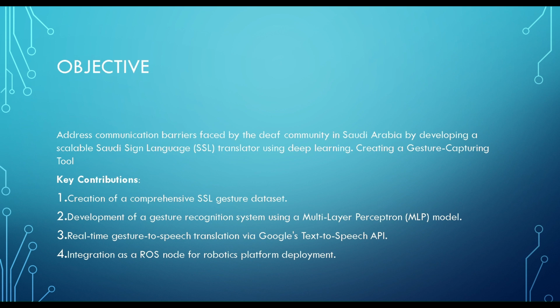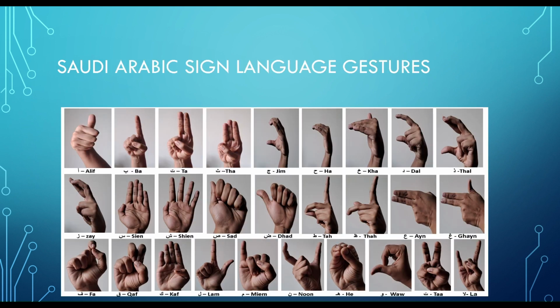Let me dive into the first step, that is dataset creation. Before that, these are the Saudi Arabian Sign Language gestures. This project provides the baseline for a continuous SSL translator.